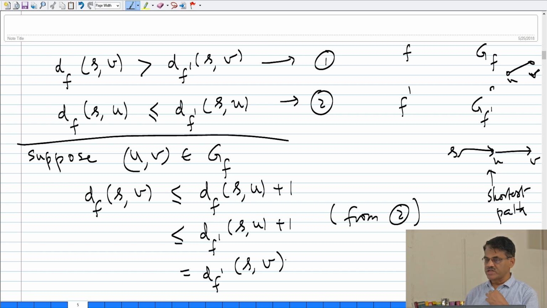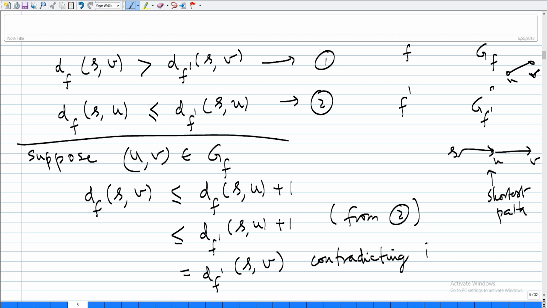But I have arrived at a contradiction, because we assumed that df of SV is strictly greater than df prime SV, but I just proved that it is less than or equal to. Clear? Some magic calculations happening, there is nothing much, but the important thing is to remember the shortest path keeps increasing.